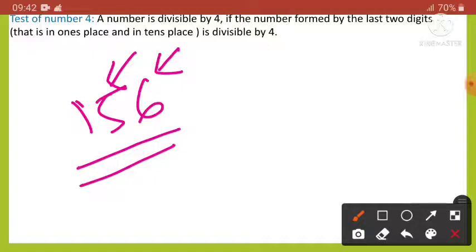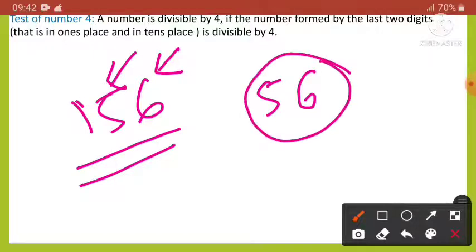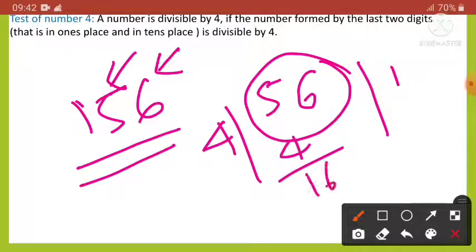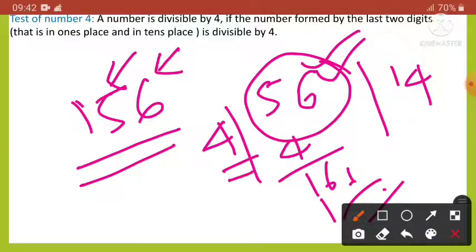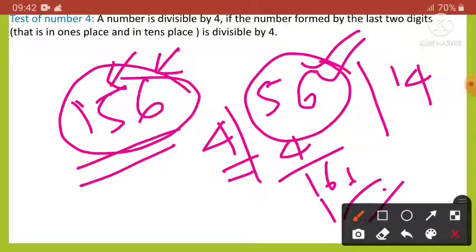So here the digits are 5 for tens place and 6 for ones place. Now check if this number is divisible by 4 or not. If we divide it, we can say easily that 56 is exactly divisible by 4. Then we can say that 156 is divisible by 4.